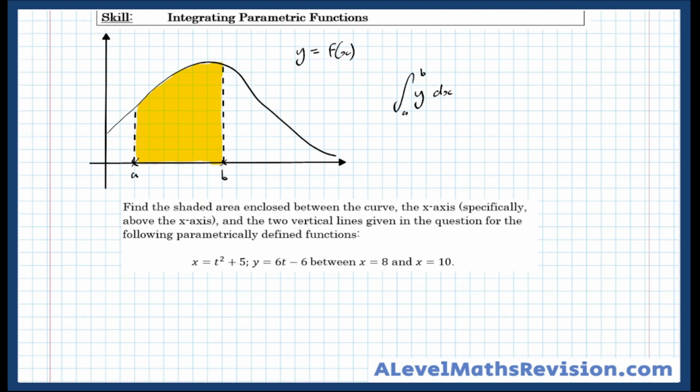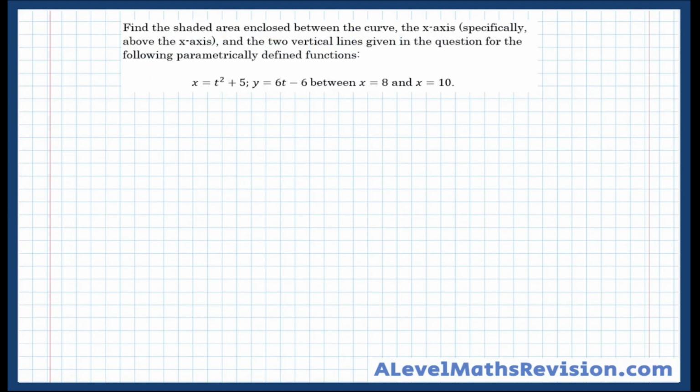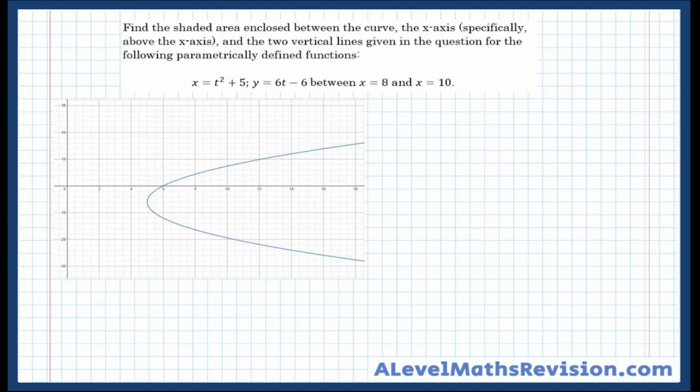So first of all, let's have a look at what this function looks like. So there's the graph drawn by Desmos, and it wants the area above the x-axis between 8 and 10. Now I'm only doing the area above the x-axis because that's what the question asked. Actually, they could ask you for the area below as well, but we're not doing that simply because it's not what the question asked. So it's this area here that we're trying to find.